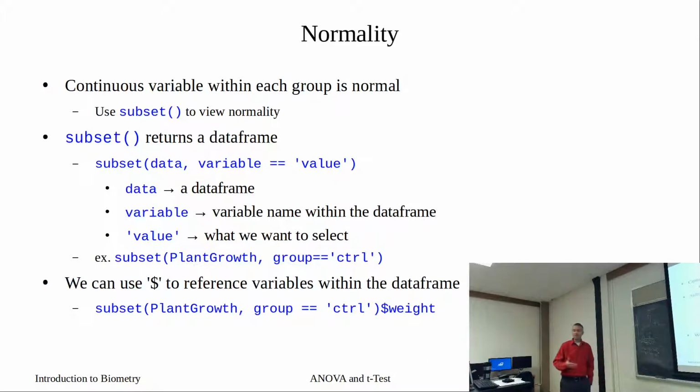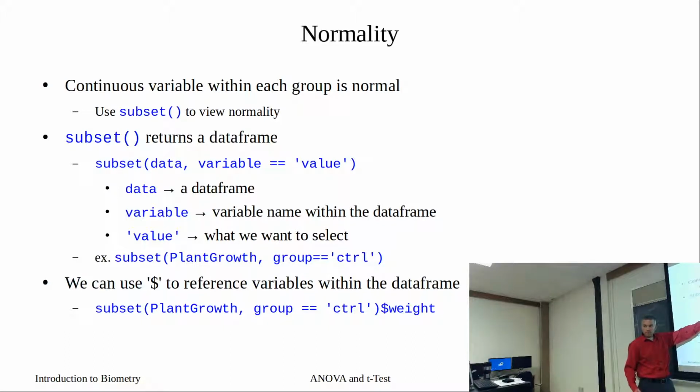Now our condition can be a single condition, or we can write some sort of complex logical statement. We can use and, we can use or, and so forth. The graduate class will kind of get into that complex subsets. All right? But what we're going to do is we're going to take a subset of our data frame, whatever data we're taking it of, and then we're going to select on a specific variable.